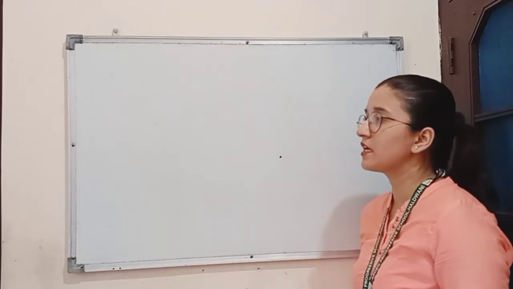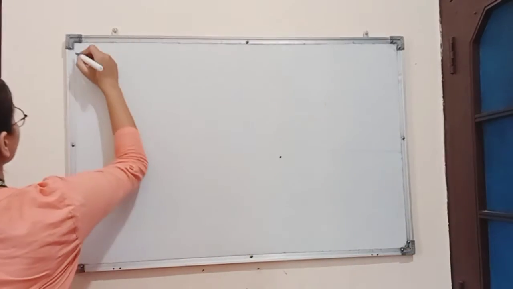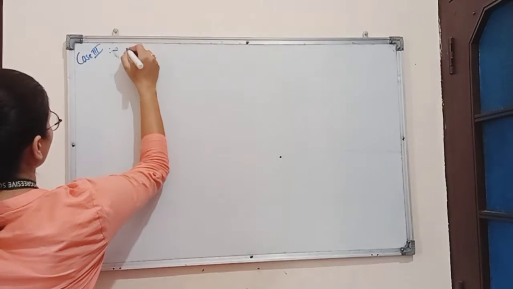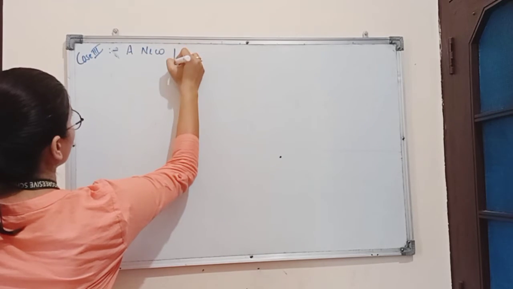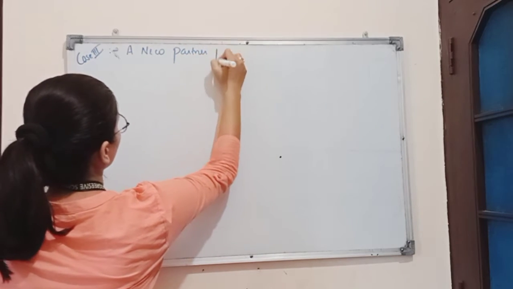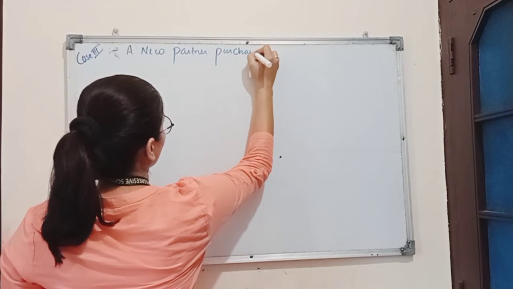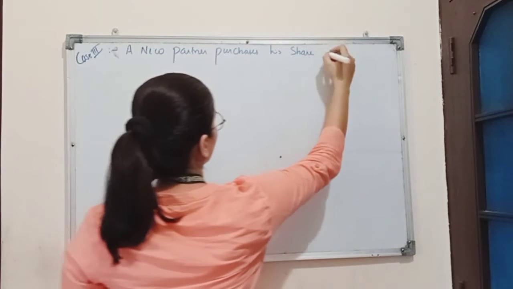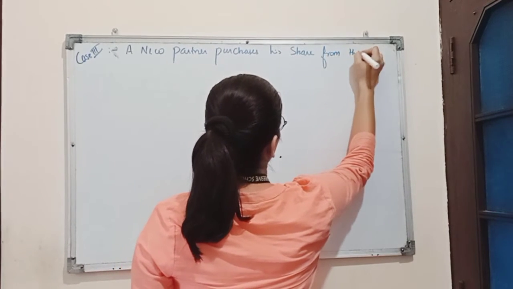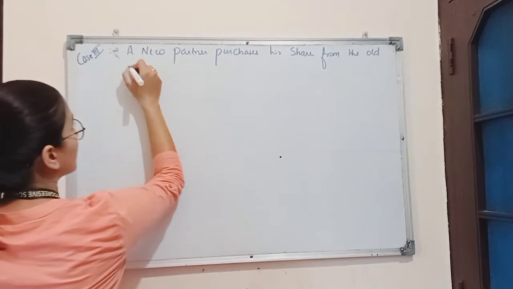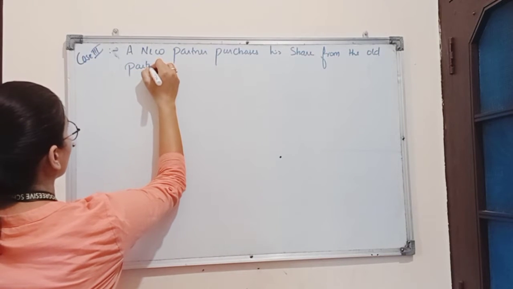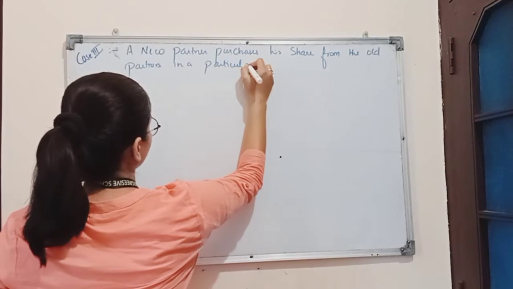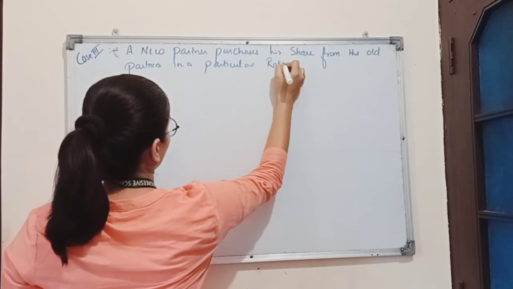So now we will be discussing case number 3, where a new partner purchases his share from the old partners in a particular ratio.